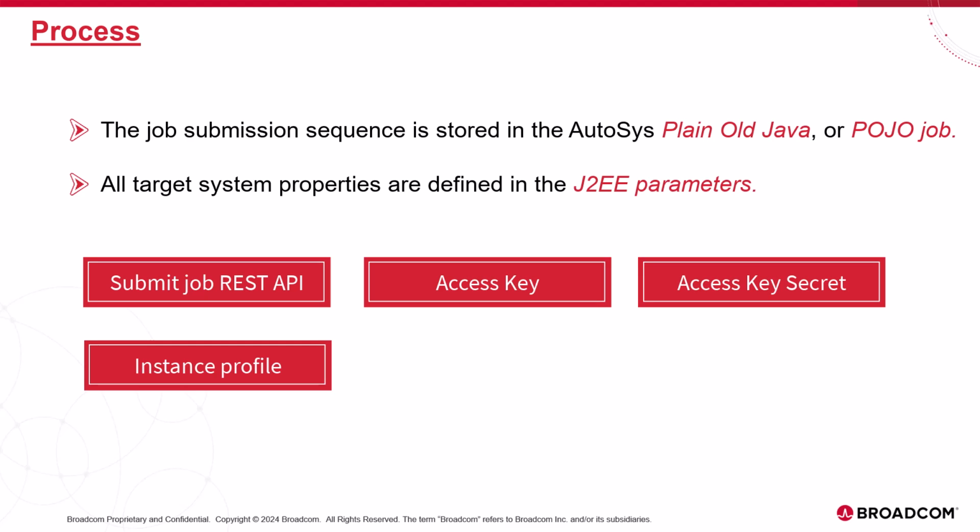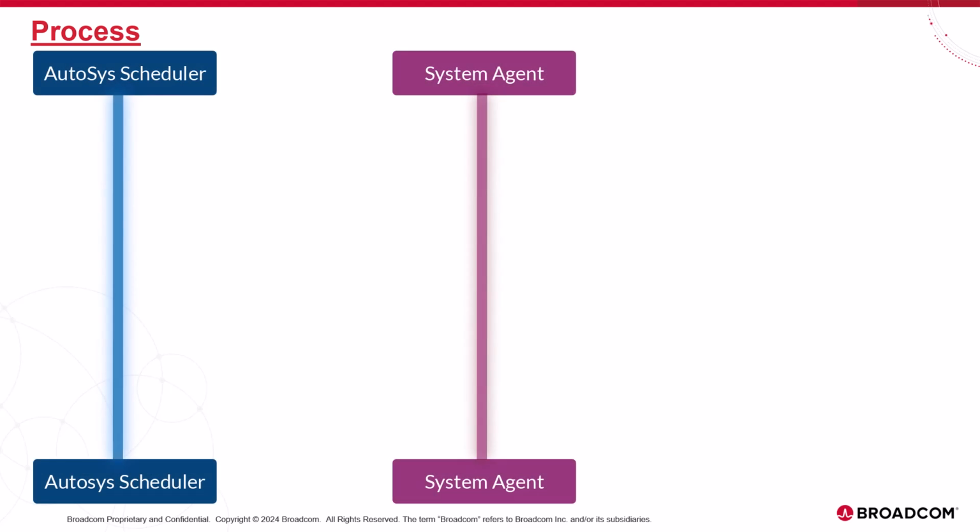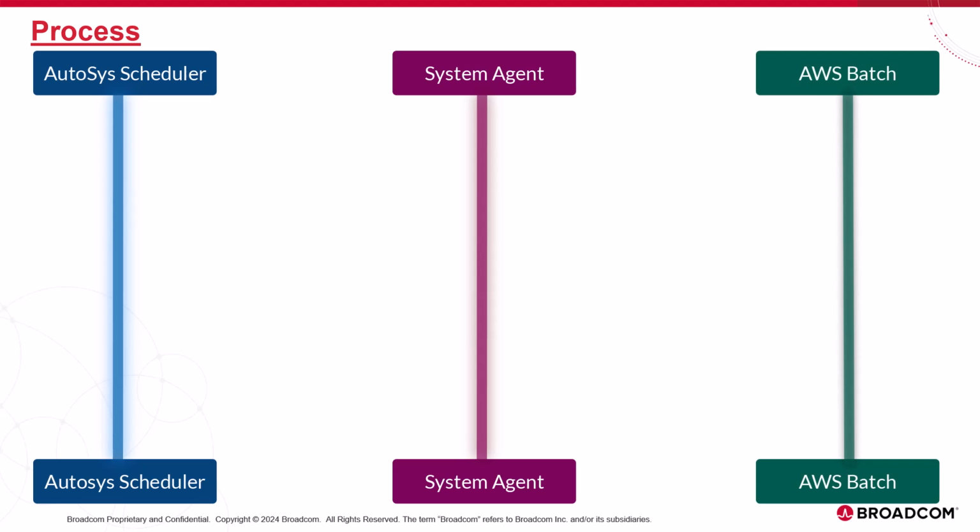Let's look at the sequence of execution. We start with the three main components: AutoSys Scheduler, the System Agent, and the AWS Batch Server. The POJO job is submitted to the System Agent by AutoSys. The agent acknowledges receipt of the job from the scheduler and initiates communication with the AWS Batch Server. It needs to be authenticated first.